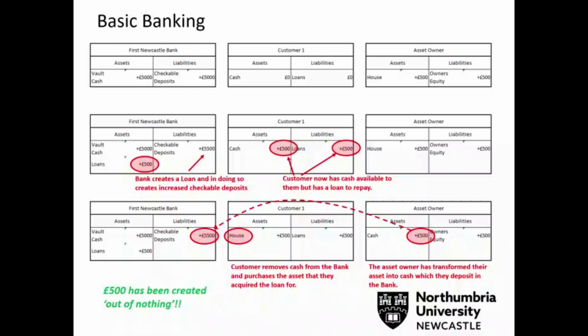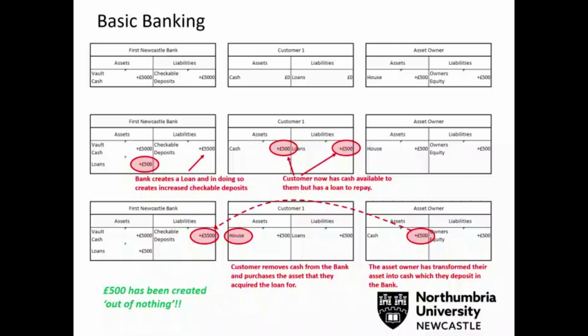But in layman's terms, ultimately, a customer now has an asset in the form of property. That property has a loan on it, but ultimately the property costs something. And when the customer bought the property, they used the cash from the loan, so the asset owner, instead of having a property, has cash, and then that cash is put back into the banking sector, which is traditional in a capitalist society.